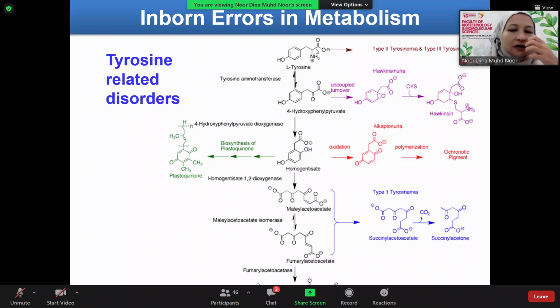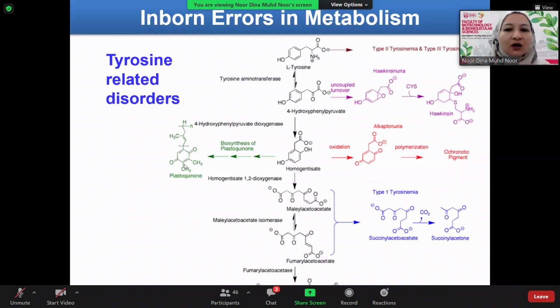This one is Hawkinsinuria disease. And there is another disease related to tyrosine as well, which is tyrosinemia. It can be type 2 and type 3, and this is related to pigmentation, and also alkaptonuria, where if homogentisate is oxidized, it can lead to this disease that we call alkaptonuria.